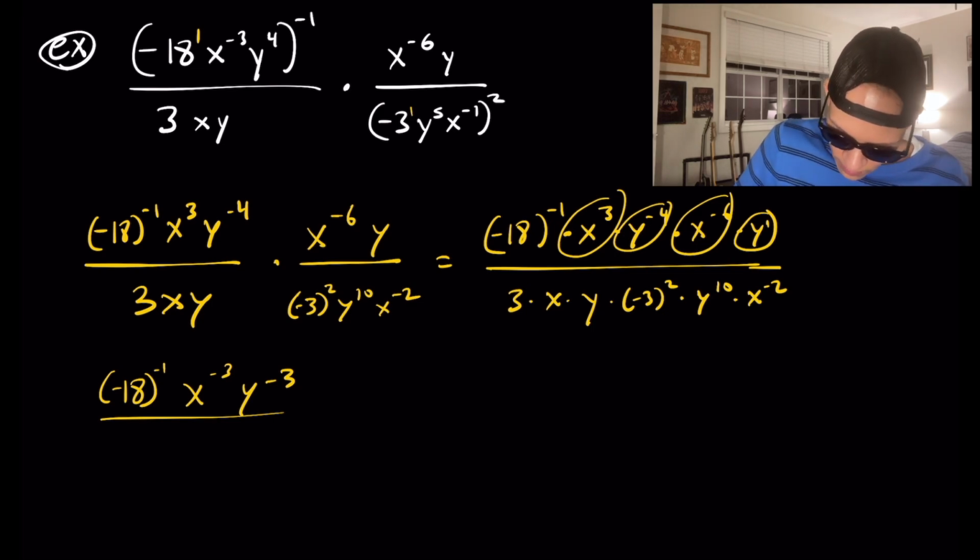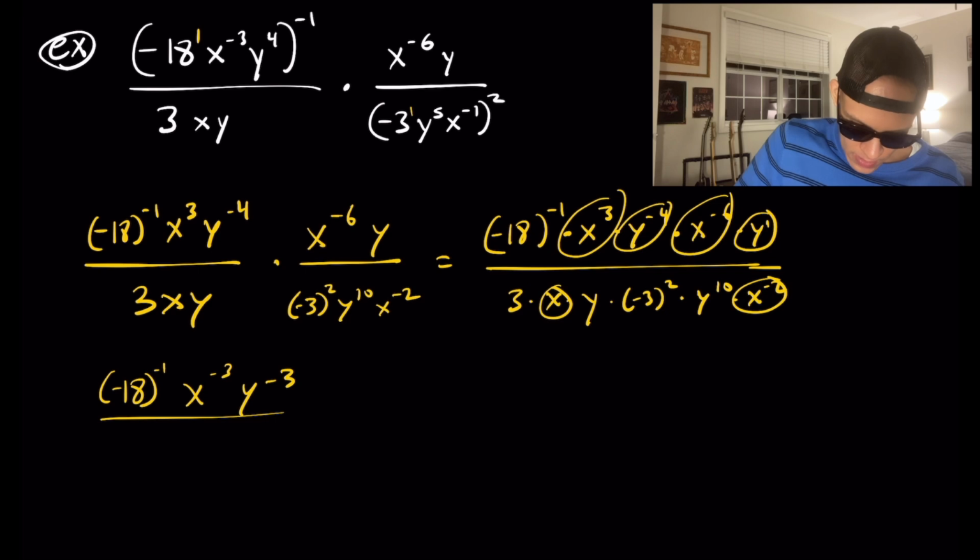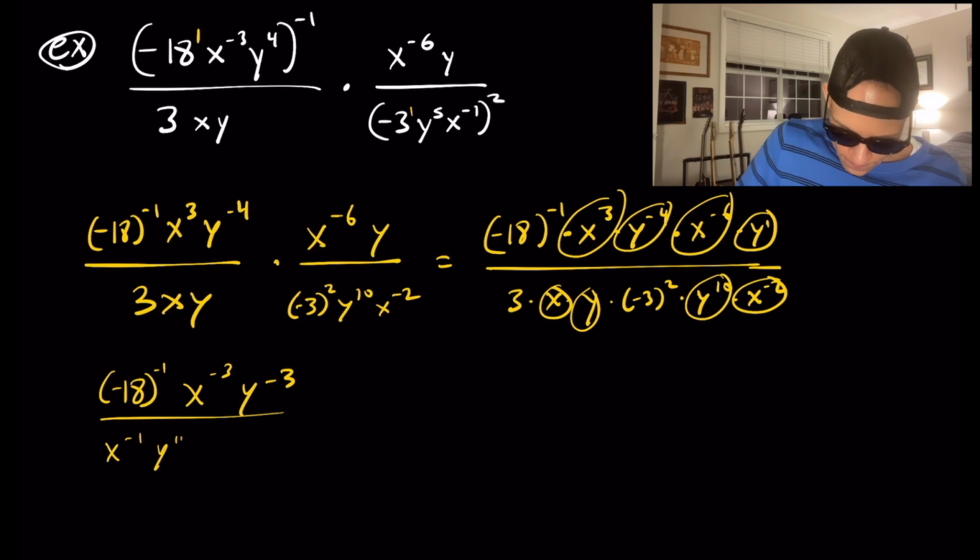Down here I have x and x to the negative 2nd. So that's going to give me x to the negative 1st. I have y and y to the 10th, which is going to give me y to the 11th. And then we have our negative 3 squared and then times 3.